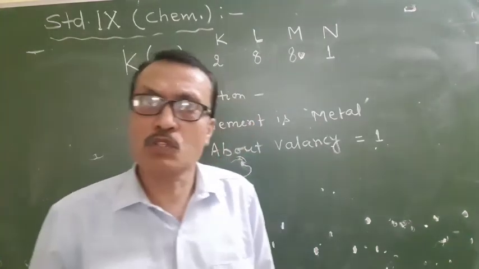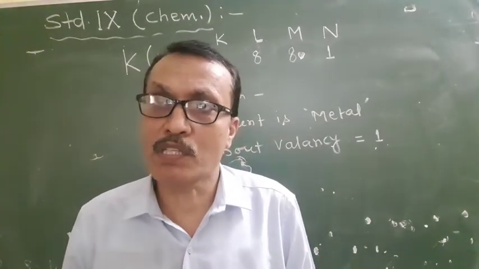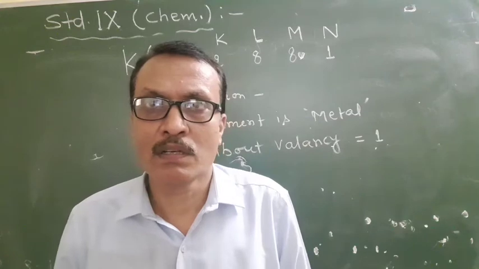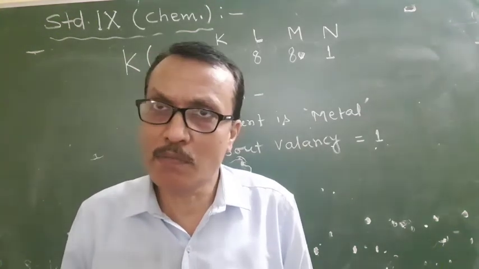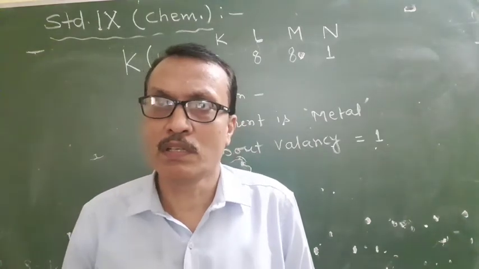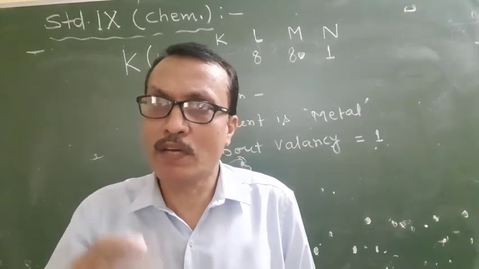As in the outermost orbit of potassium there is 1 electron, so the valency of potassium will be 1. Suppose in the outermost orbit there are 2 electrons, then what will be the valency? 2. In case of 3, the valency will be 3. In case of 4, the valency will be 4.